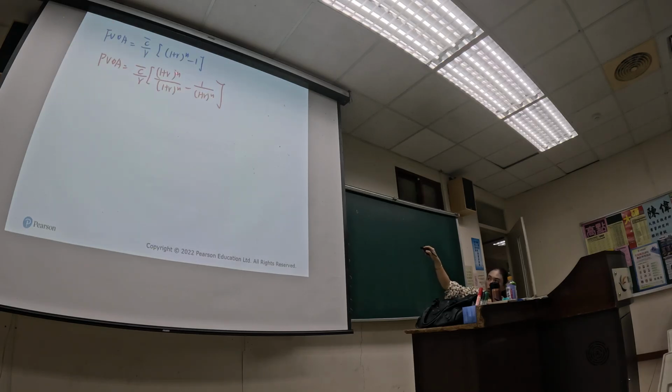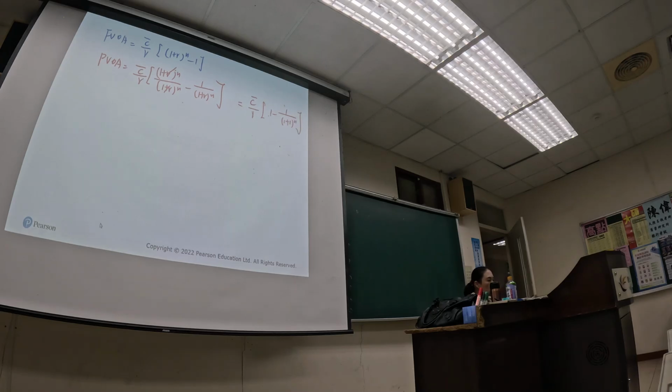The multiplier you can keep outside, and then divided by 1 plus R to the power of n, these two terms, right? And then simplify it. These two terms cross out, right? So it becomes C over R, 1 minus 1 over 1 plus R to the power of n.